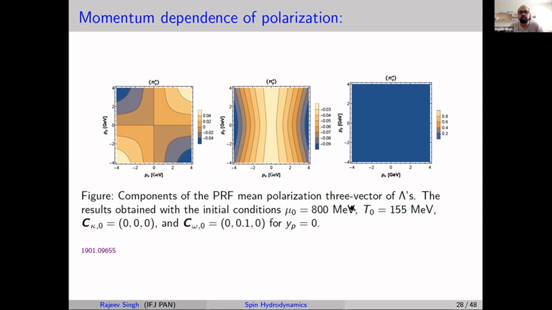First of all, this is a first exploratory work to know how this formalism works. And second, during the collision, it is expected that some part of the orbital angular momentum is converted to the spin degrees of freedom, and then the spin angular momentum has the same direction as the initial orbital angular momentum. This can be achieved if we have these initial conditions where C omega y is 0.1 and the others are 0 at mid rapidity.